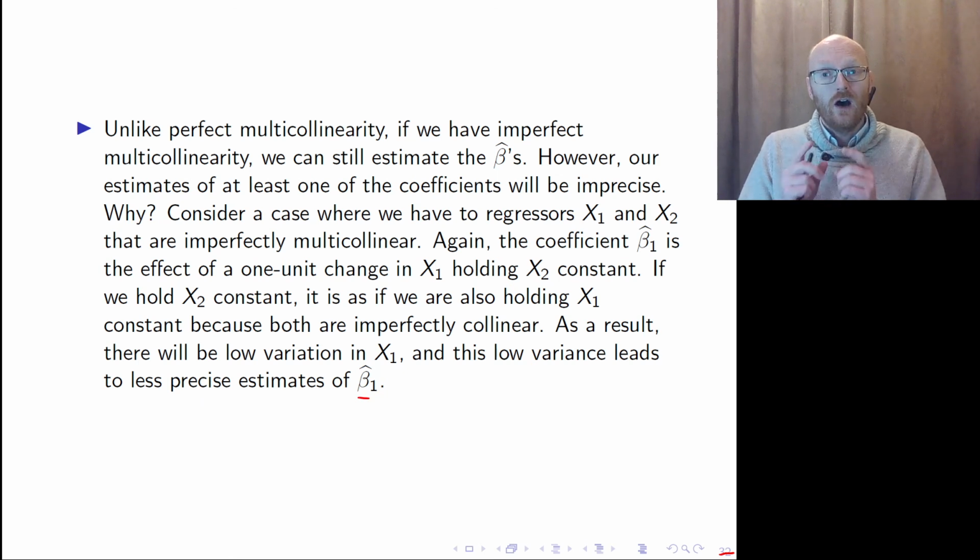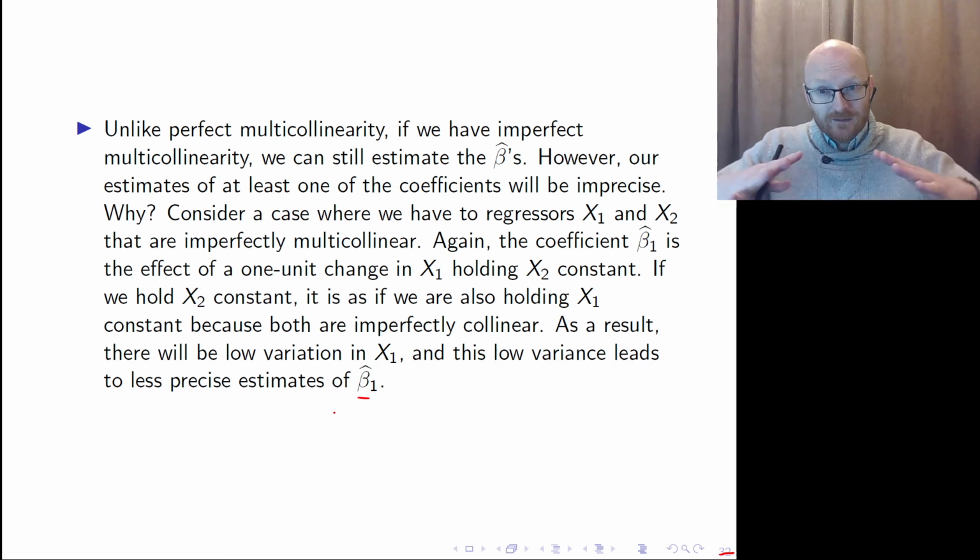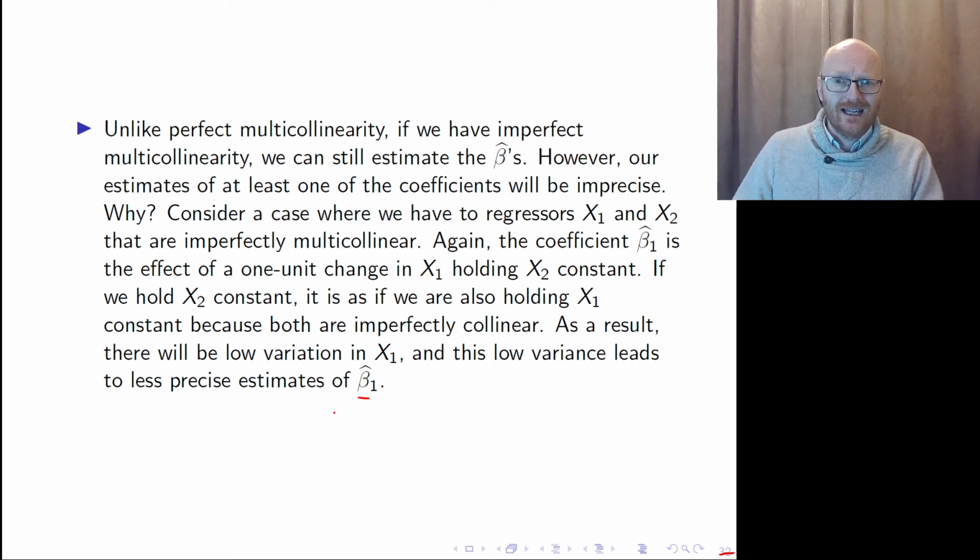So you would, on average, get a result around the true population value, but your estimates would be dispersed around that value with a high standard error, which means that the hypothesis test, to test whether or not this beta 1 hat, the sample slope, is different from a hypothesized value, like a null hypothesis, would be difficult.